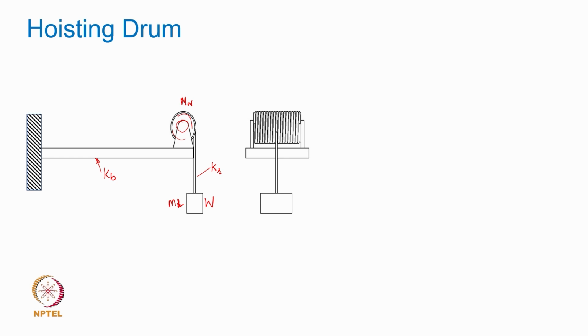Okay. So, what we discussed in our earlier analysis is that this winch mass was negligible compared to the weight being lifted, and with that assumption, this spring which is representing the beam, and the spring that was representing the rope, are essentially connected to only one mass here. Okay.